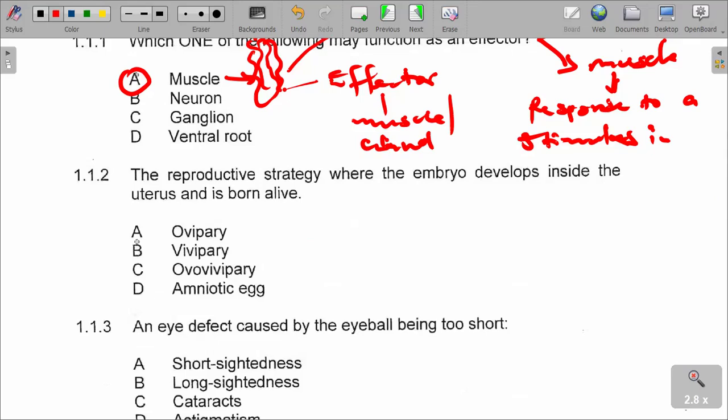So we have oviparity. Oviparity is a form of reproductive strategy in which eggs are laid and the development of these eggs takes place outside the mother's body. These eggs may have been fertilized internally before they are laid.